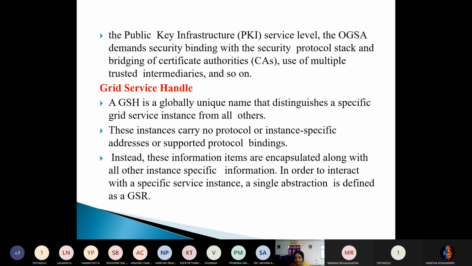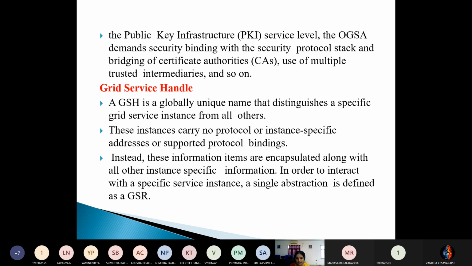The OGSA demands security binding with the security protocol stack and bridging of certificate authorities, for multiple trusted intermediaries, and trust models and secure logging are practiced in the grid platform.